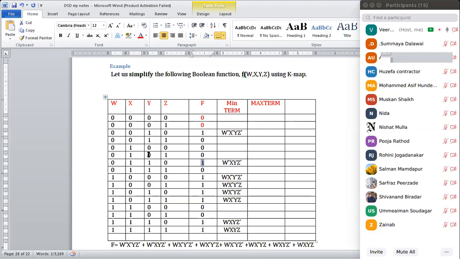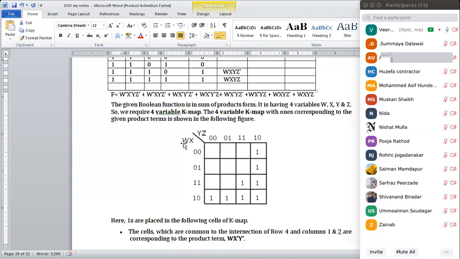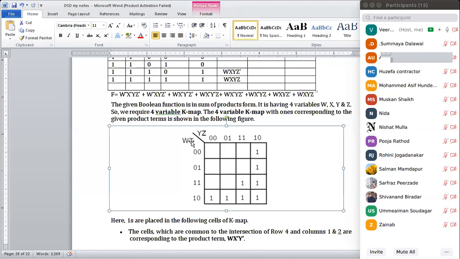Now how many variables do I have? I have 4 variables. For a 4 variable K-map, how can I write it? So WX, YZ. Either on the left side, you can change it however you want. You can write WX upper side, YZ lower side, or WX lower side, YZ upper side.